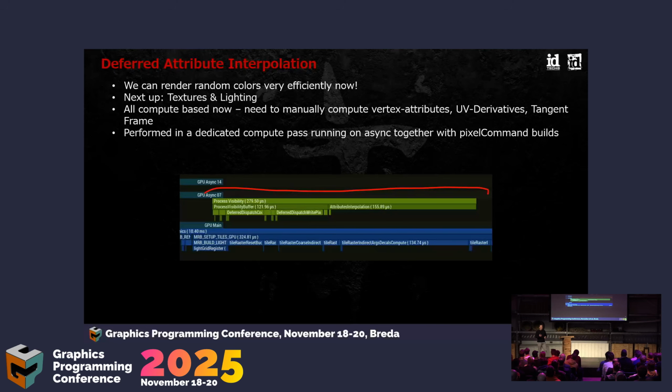And also, we would have had to do this twice, since we were already working on splitting deferred texturing and deferred lighting apart. So we would have had to do this attribute interpolation in two places. So we decided to do this on async compute instead, combined together with the compute dispatch logic generation, so building up this pixel command buffer and indirect arguments. And I think this is running during shadow rendering for us.